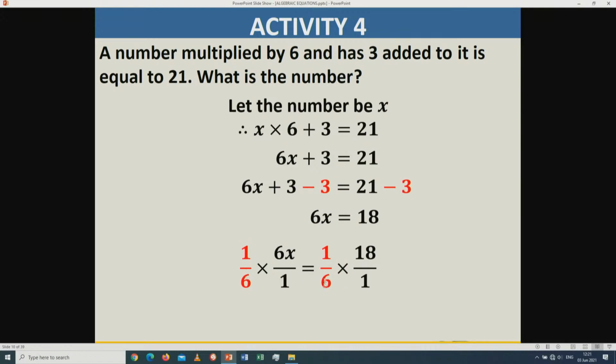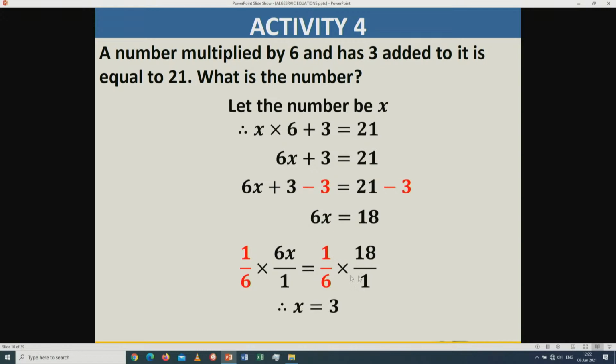We must also multiply by 1/6 on the right hand side. So if we multiply there, we are going to have 1 multiplied by 6, which will be 6. We are going to have 6 multiplied by 1, which will be 6. So therefore 6 divided by 6 will give us 1. So we are going to be left with 1x.